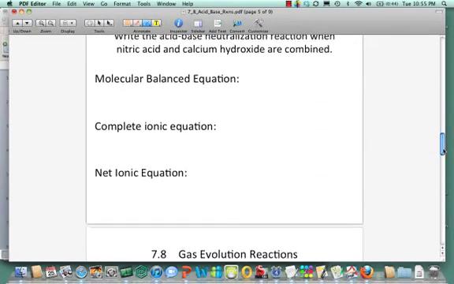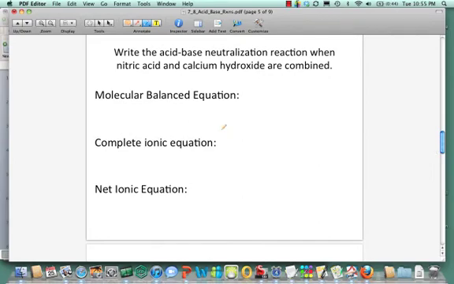Let's look at another example. Write the acid-base neutralization reaction which occurs when nitric acid and calcium hydroxide are combined. So nitric acid is HNO3, it's one you have to know. And calcium hydroxide, we would have to have 2 of those.